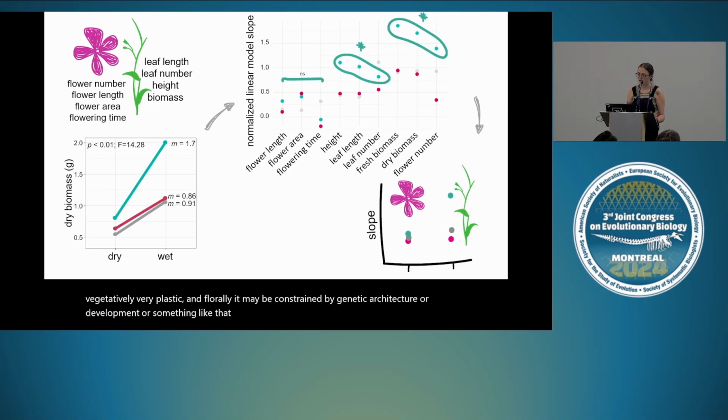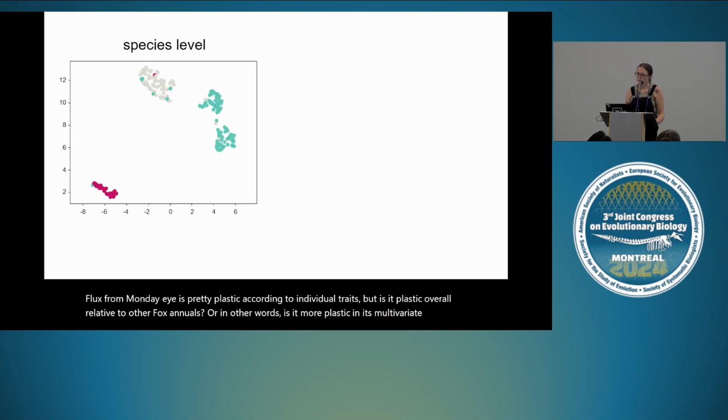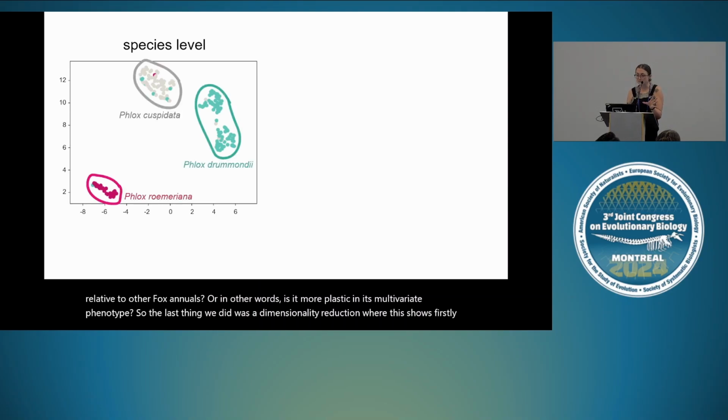So we know that Phlox drummondii is pretty plastic according to individual traits, but is it plastic overall relative to other Phlox annuals? Or in other words, is it more plastic in its multivariate phenotype? So the last thing we did was a dimensionality reduction, which shows firstly that these species cluster really nicely according to just general phenotype regardless of treatment.